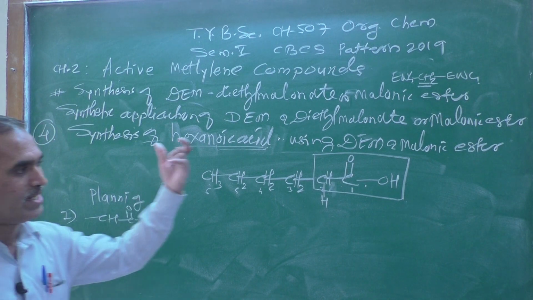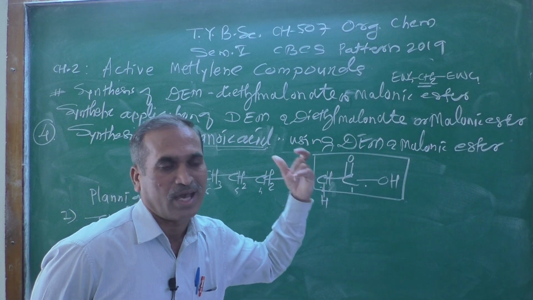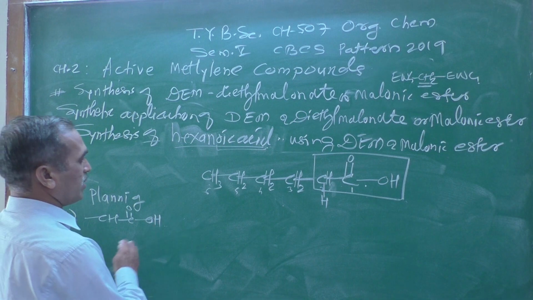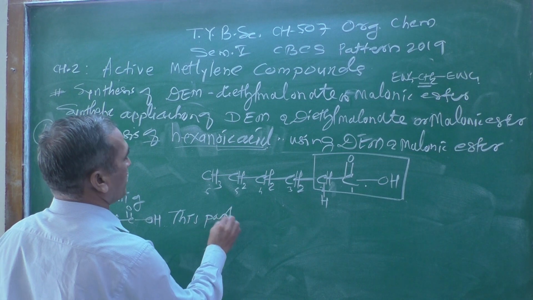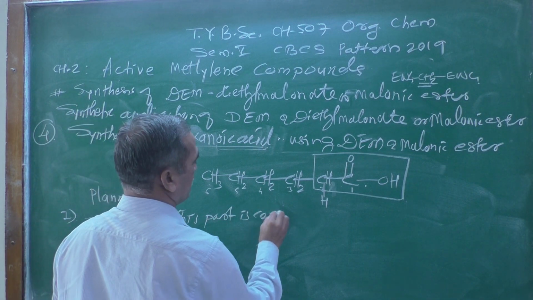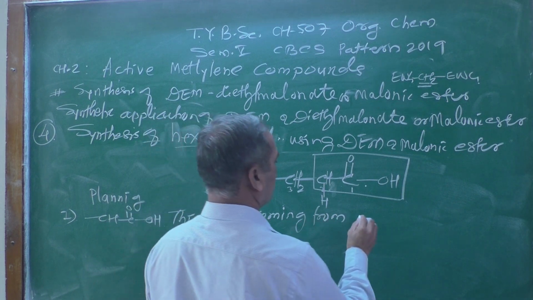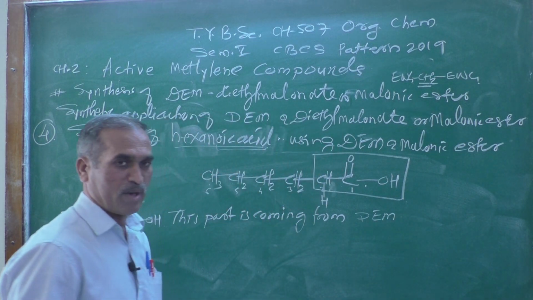This highlighted part of the target molecule is coming from DEM. DEM means diethyl malonate or malonic ester.